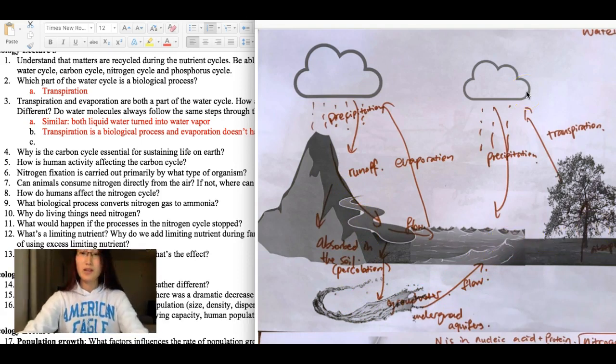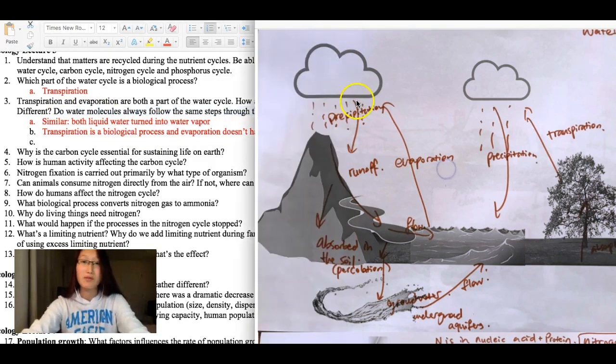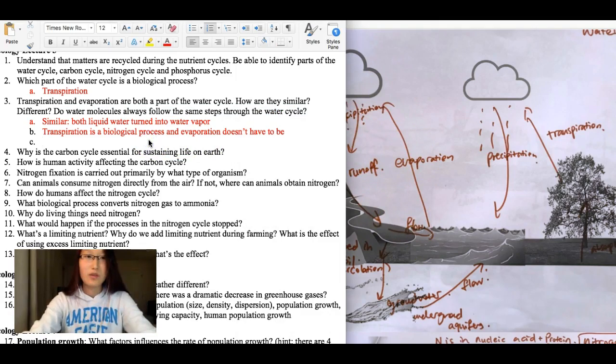So depending on the ecosystem and what exactly is going on in the particular situation, we can have water molecules flow in different steps, right? We don't always have to follow precipitation, runoff, evaporation. It could even be precipitation and then evaporation right away. So no is the answer.